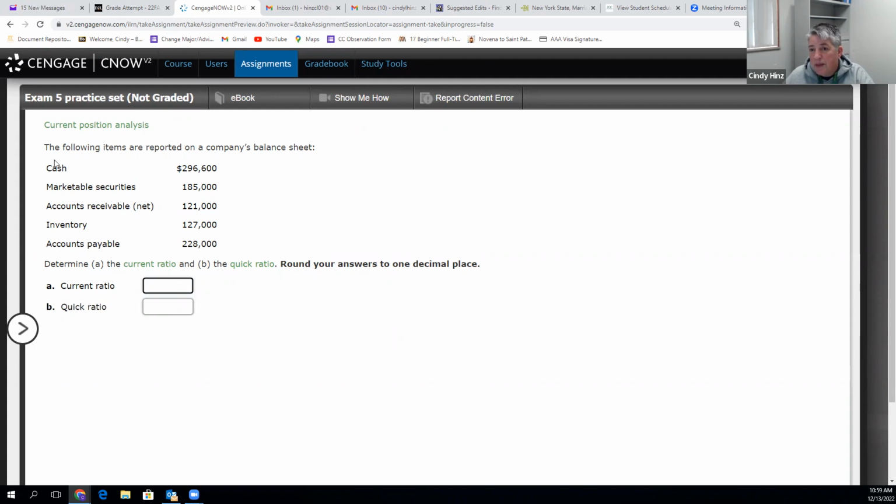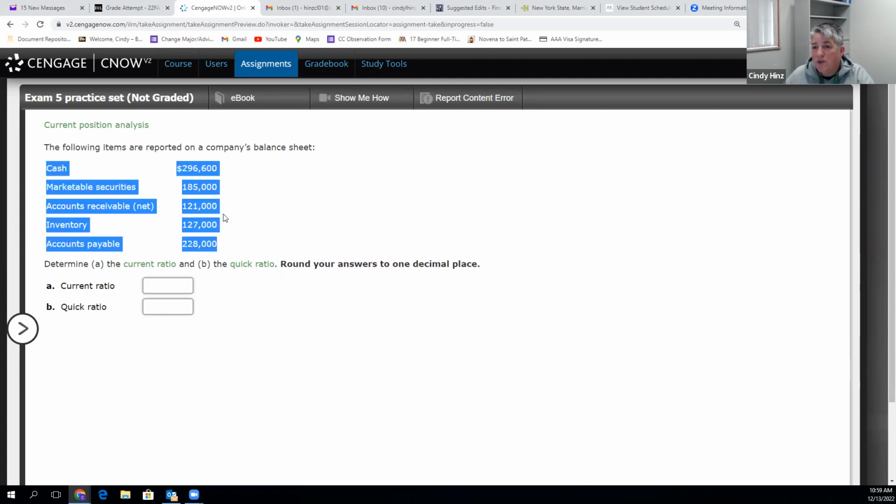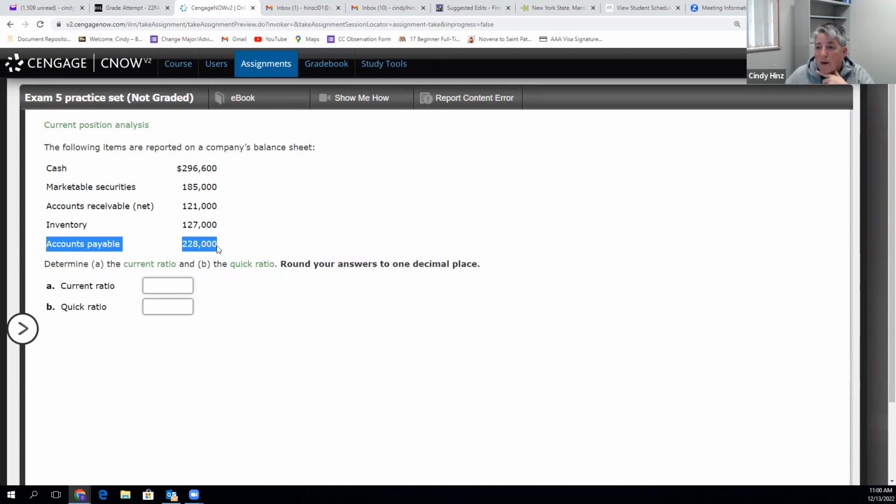So we can assume, because this is all that's given to us, that we have all of the information we need here, that these four accounts make up our current assets, and this one account is our current liability. So to calculate the current ratio, we're going to add together the four current assets.